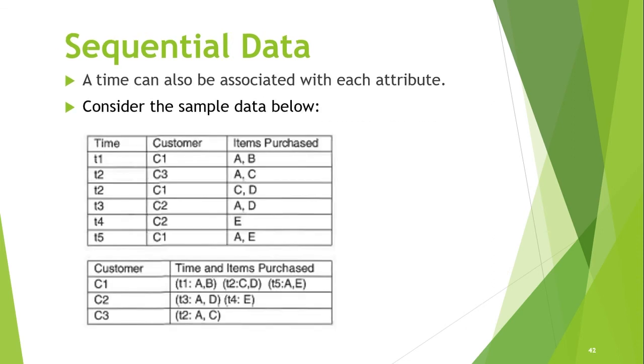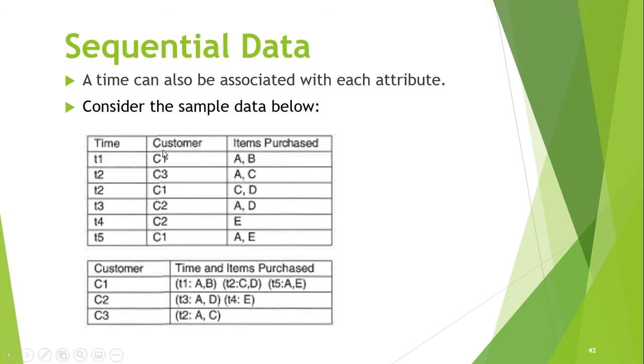A time can also be associated with each attribute. Consider the sample below. Ito yung pinlat natin sa isang table or nilagay natin sa isang table. Pag sinabing sequential data, since temporal to, according to time, so chronological usually. So time 1, time 2, time 3, meron tayong up to time 5. Tapos, nandito din yung customer.